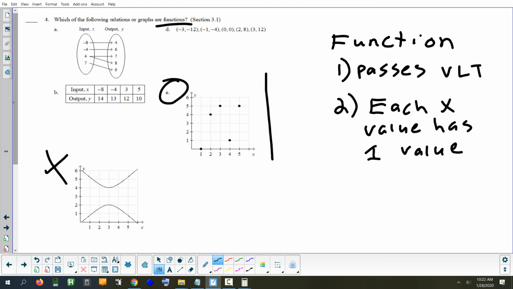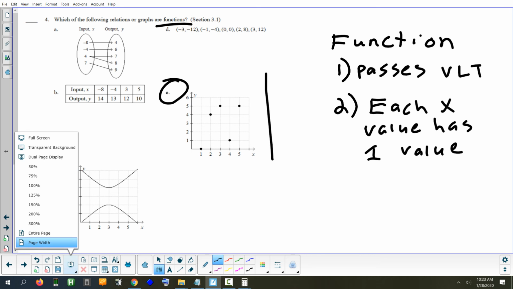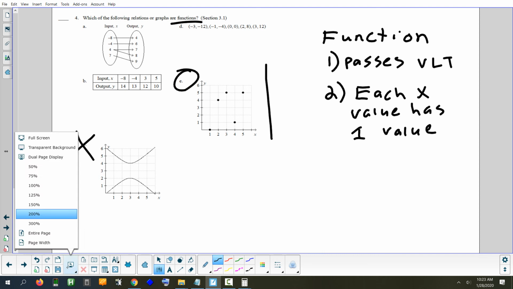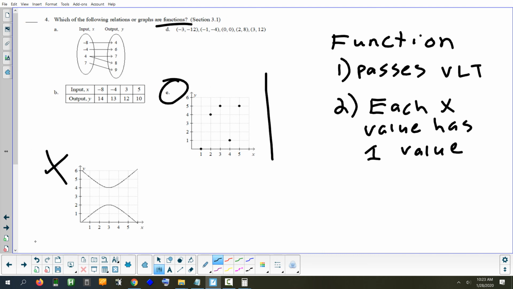Now, for A, B, and D, make sure each x has exactly one y. All right. So let's look at A. The number -8 goes to what number? 4. Any other number? No. That's okay then. How about -4? What number does that go to? 6.